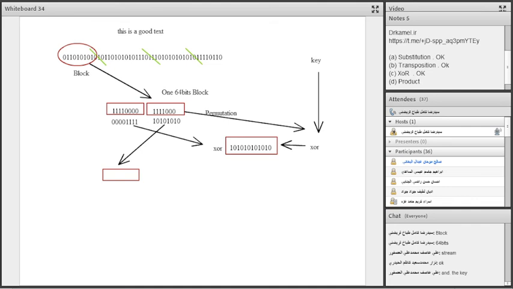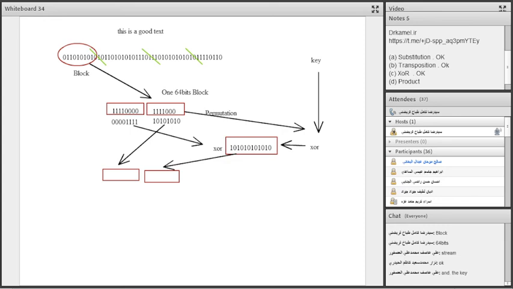They take the left side and they use XOR with something which is, for example, this one. What is this?